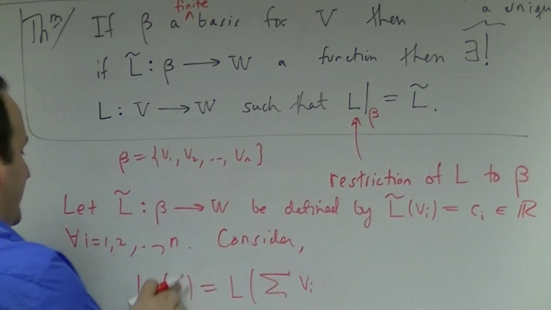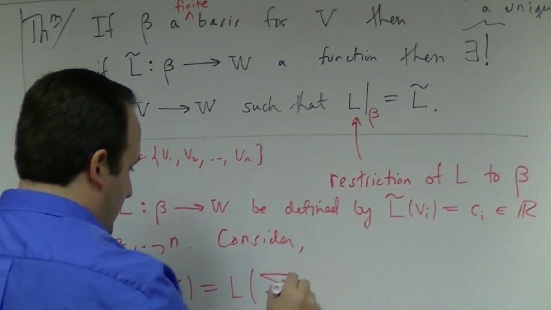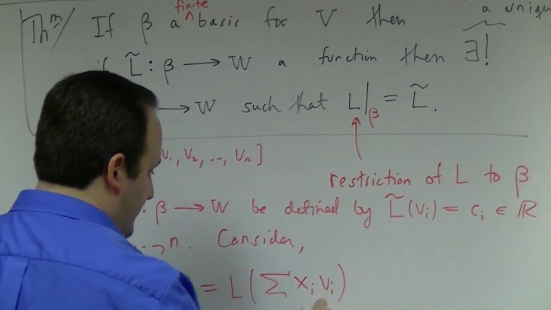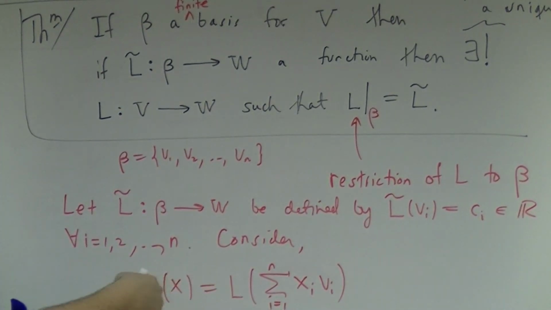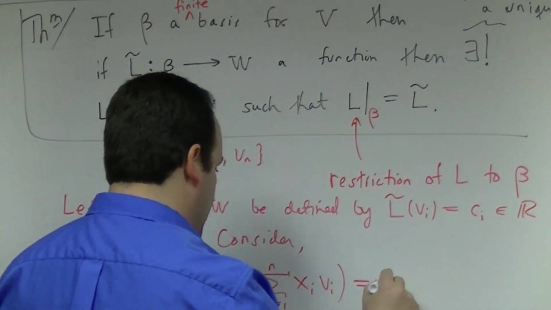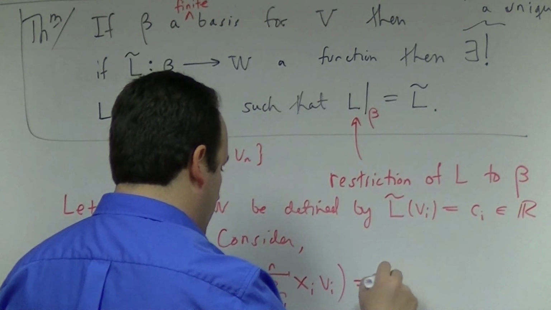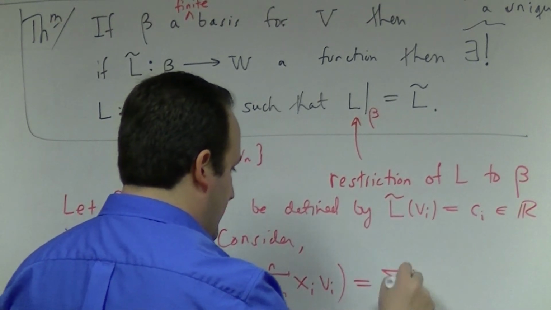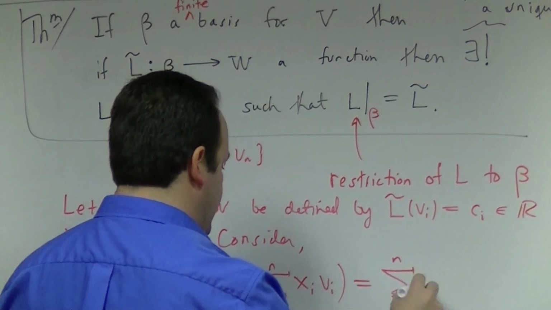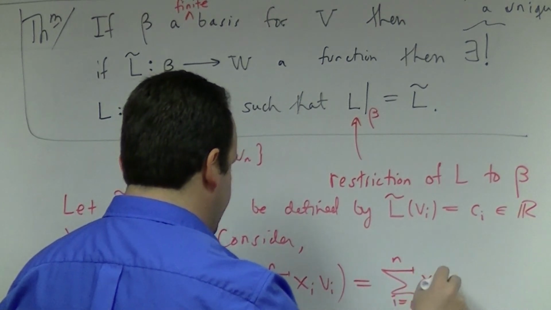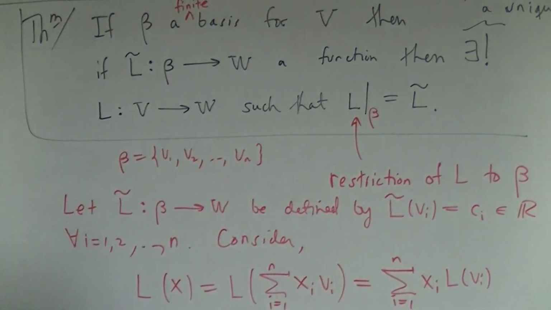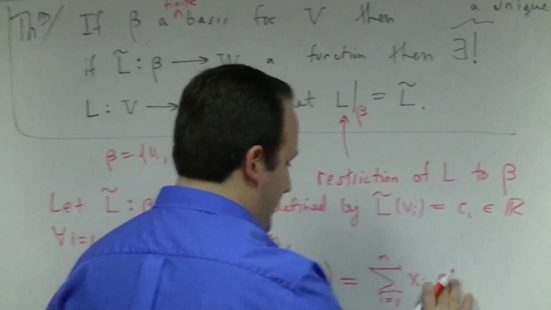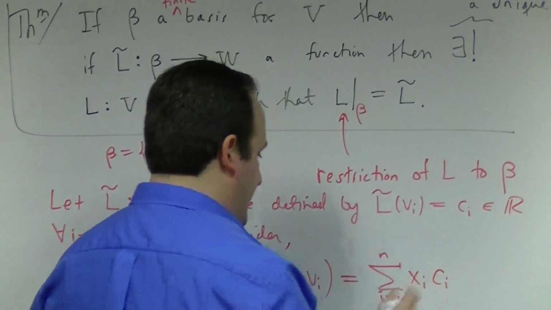If beta is a basis, you can expand x in the basis, right? So this is going to be defined to simply be the sum, i equals 1 to n, of xi L of vi. Of course, to be more explicit, this was what? ci, right?